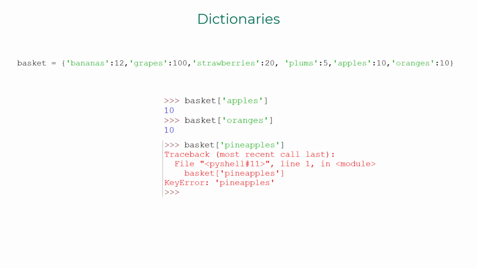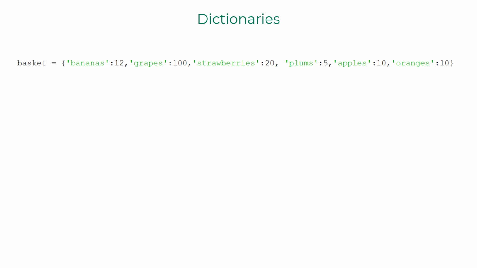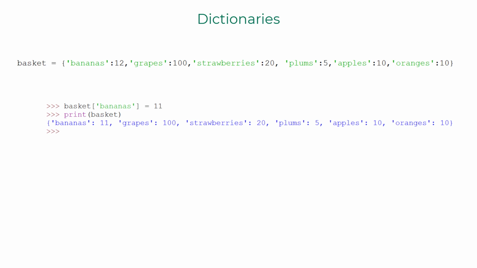Now let's say you ate a banana and you would like to update the count value. You can assign basket of bananas equals 11 and the value gets updated for the key bananas.